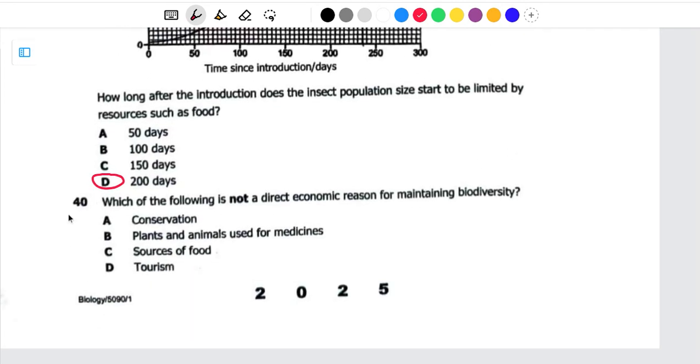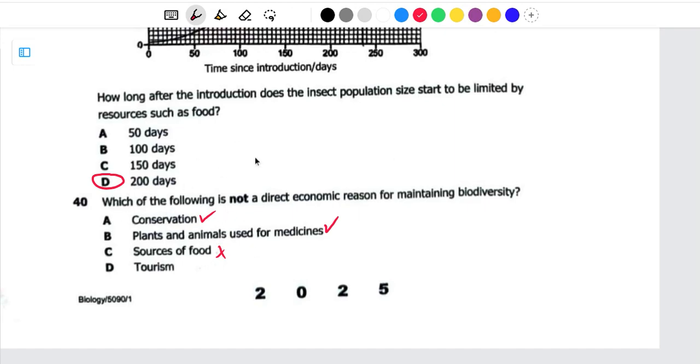Then the last question is saying, which of the following is not a direct economic reason for maintaining biodiversity? So biodiversity is maintained due to conservation, of course. Plants and animals are used for medicine, of course. For food, no. We don't maintain biodiversity in order for us to eat. And then, of course, yeah, but it's not an economic reason. We are conserving for future use.